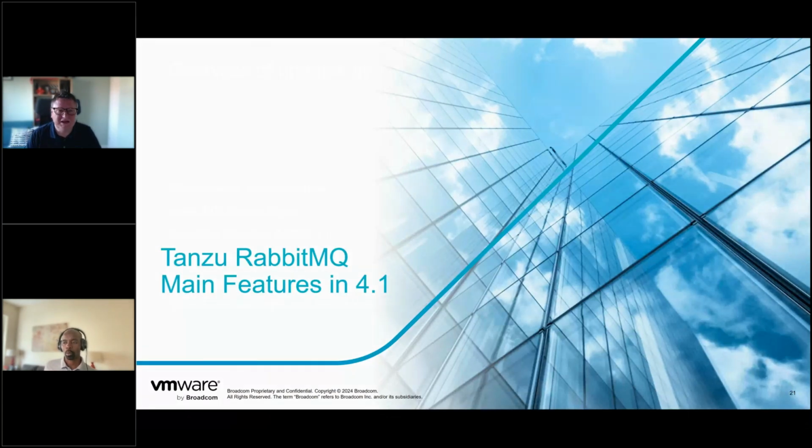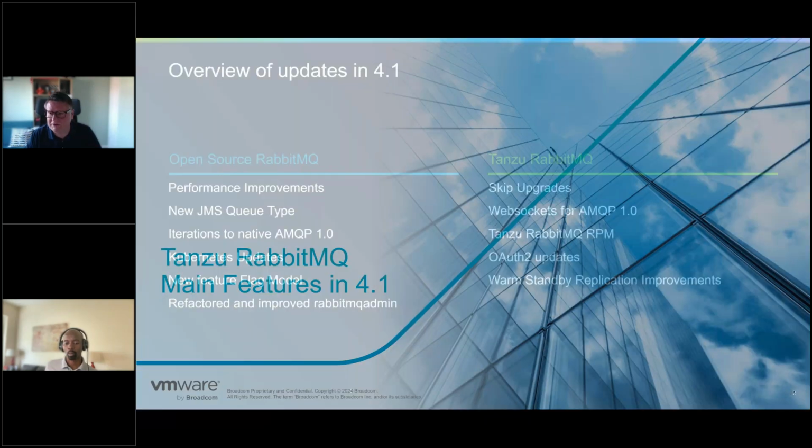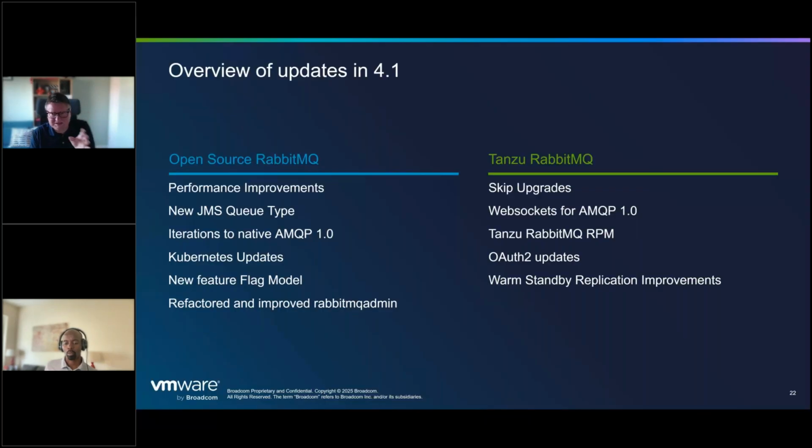We'll start with an overview, so that you can see side by side the differences between open source Rabbit and Tanzu RabbitMQ with this release. We've made some fundamental performance improvements with this release. I'm going to delve into that in a bit more detail in just a moment.